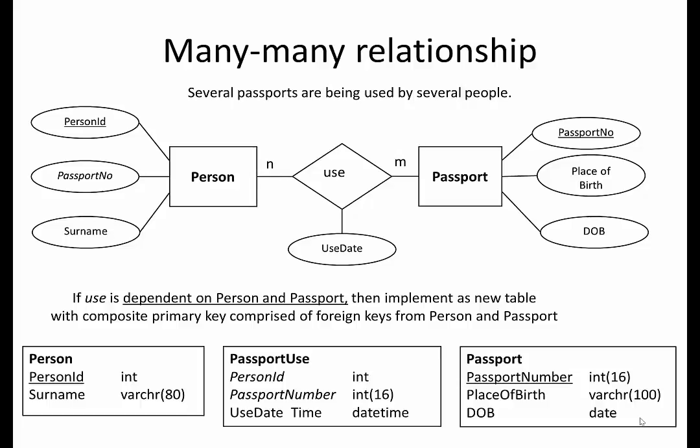Then we can implement a composite primary key on this joining table, yep? Because one person is only going to use each passport once. And in fact, it should be on the use time as well, because a person could be using the same passport on multiple occasions. So I should probably have the use date as part of the composite key.